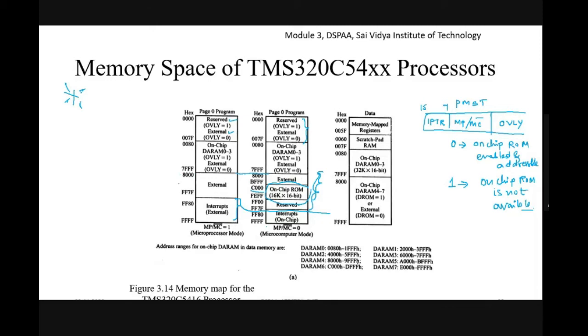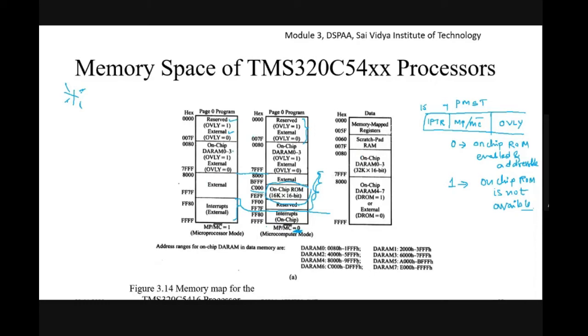If microcomputer mode is equal to 0, that is, if this bit is equal to 0, then on chip ROM is enabled and addressable. If this bit is equal to 1, the microprocessor mode, then the on chip ROM is not available. So if you know this PMST processor mode status register, you can easily remember this.